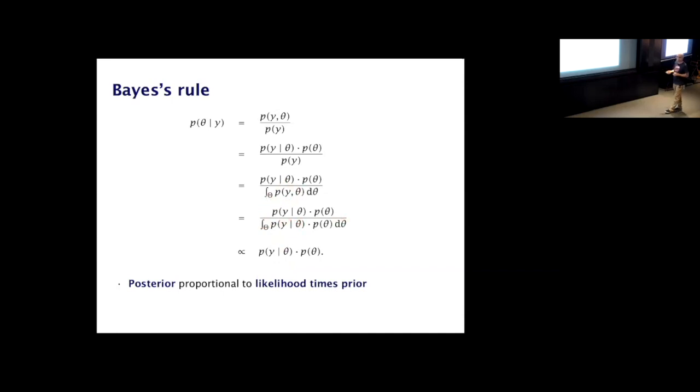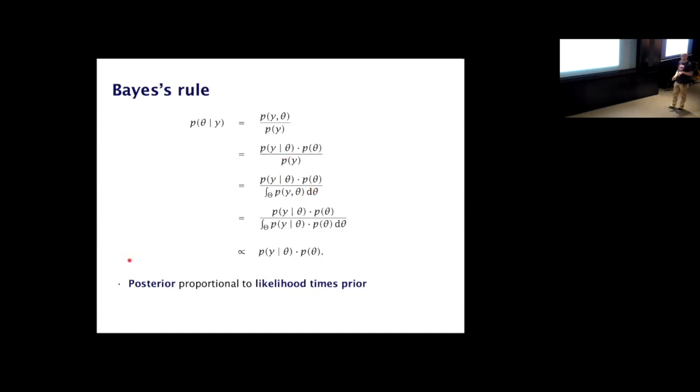And now what we have down here is actually the full form of Bayes' rule, which expresses the posterior exactly in terms of the likelihood or the sampling distribution and the prior. Normally when we're doing inference, what saves us when we're actually doing numerical computation is that we don't have to compute this nasty integral for the evidence down here. This is the value of p of y. Instead, we can just reason proportionally.